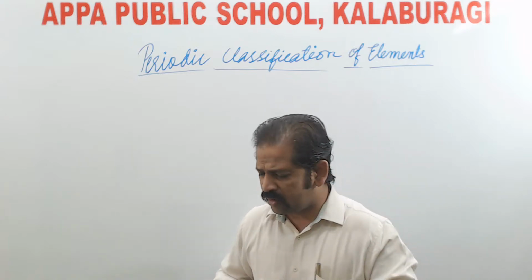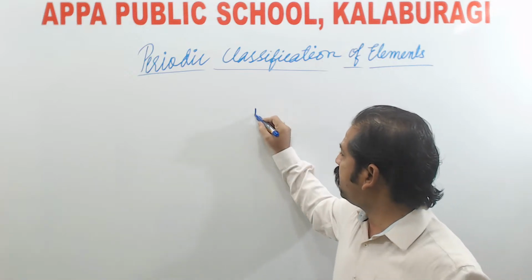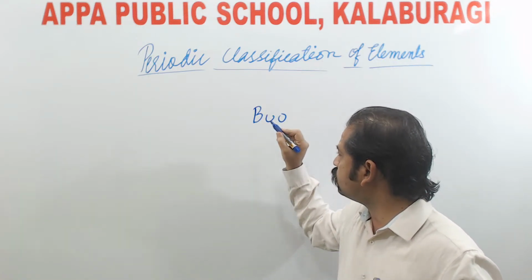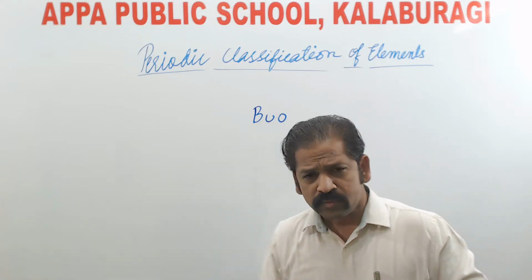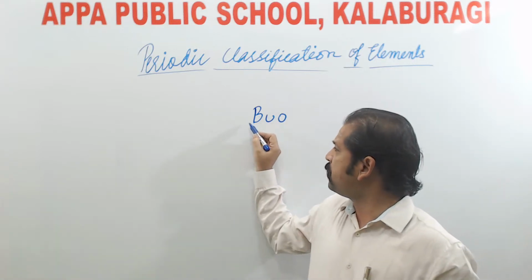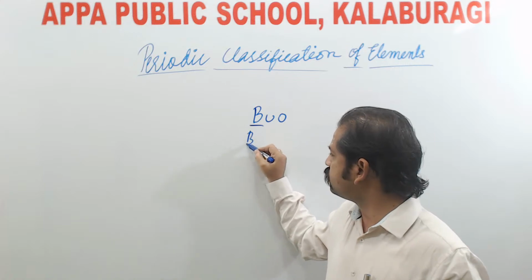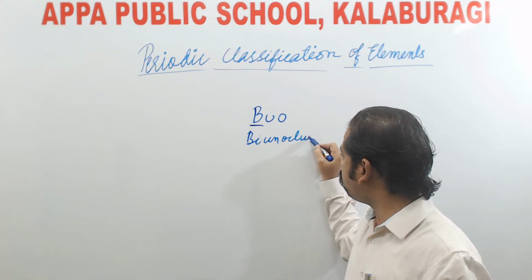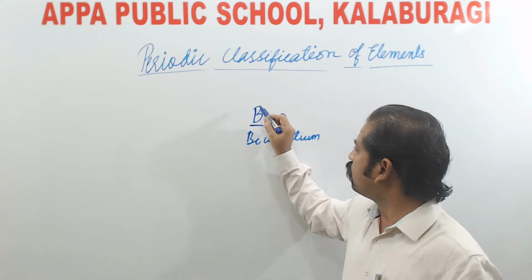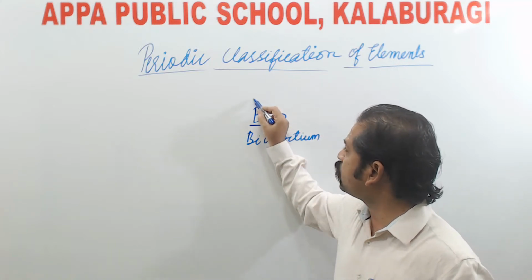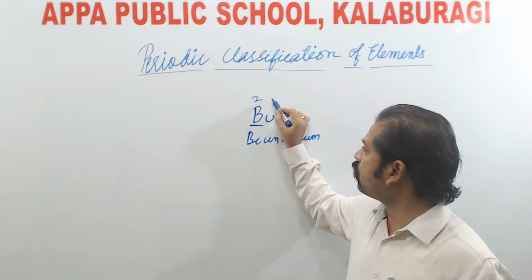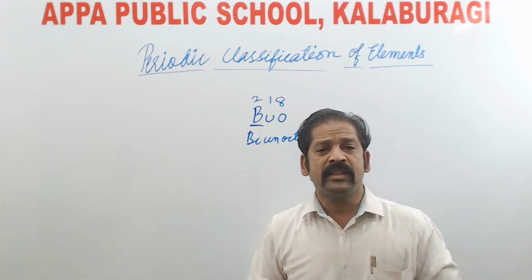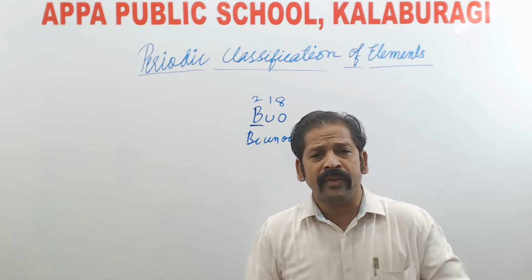Somewhere I have seen that word, B U O. B means bi, which means 2. Un means 1. Octium means 8. Maximum elements will be 218.